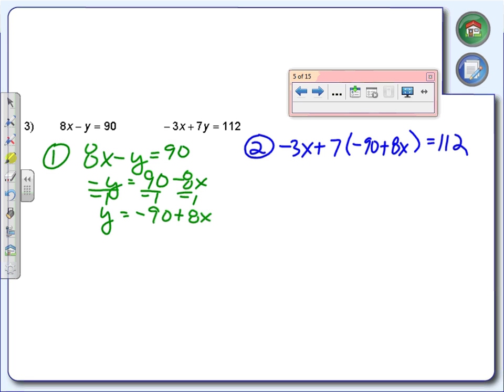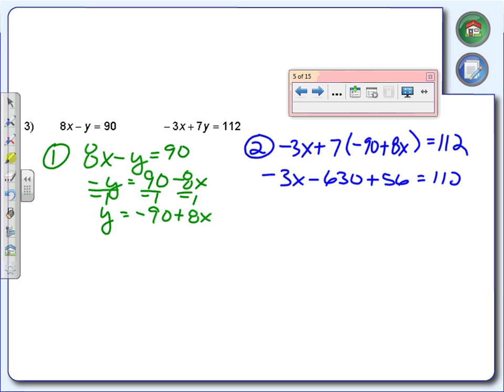All right? So Annika, help me out here. First thing we need to do is distribute it properly. So what did you get when you multiplied 7 times negative 90? Negative 630. What about 7 times 8x? 56x.